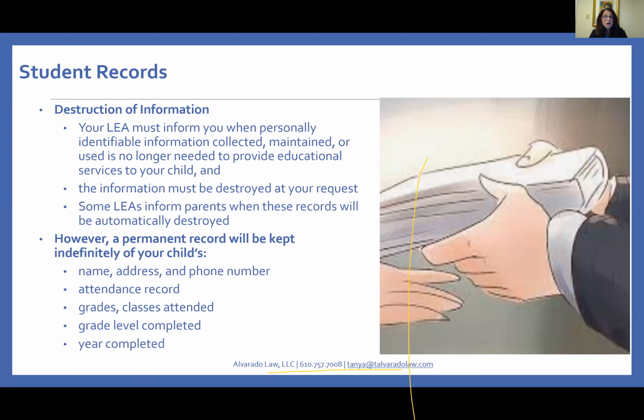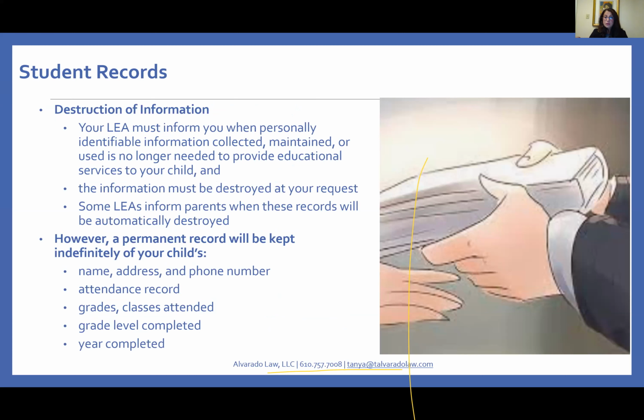On destruction of records, the school district has to inform you when the records are going to be destroyed, and the information that will be destroyed. Some LEAs inform the parents when it will automatically be destroyed.